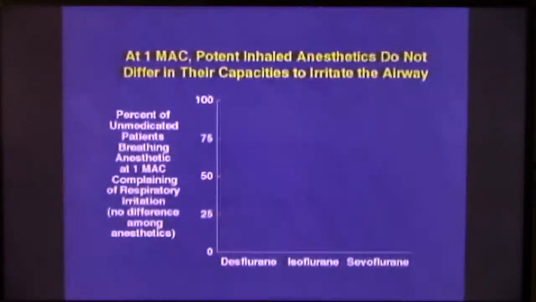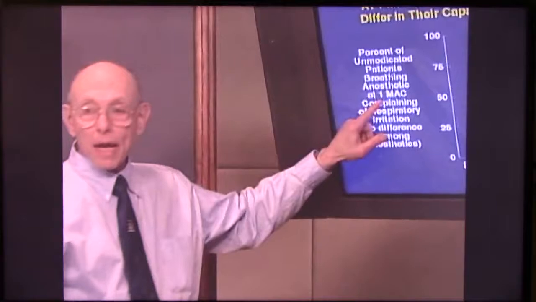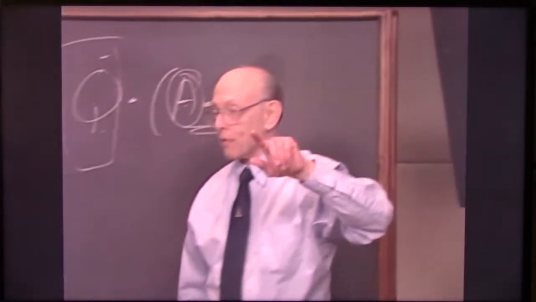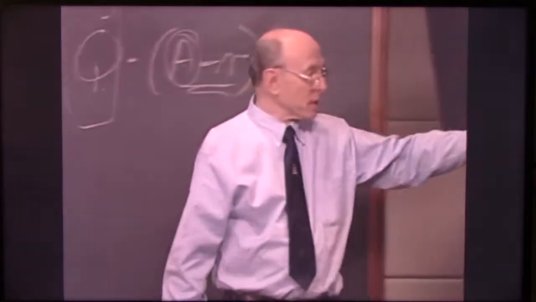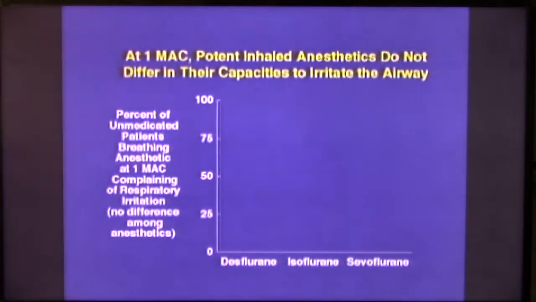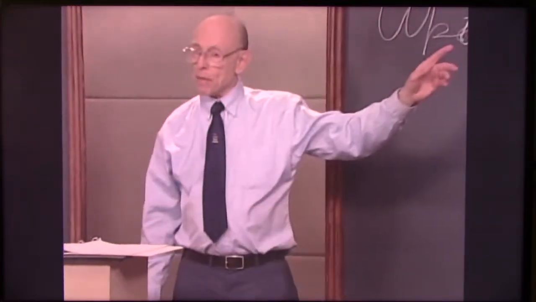Let me show you this graph, though, which made one little change: instead of 2 MAC, 1 MAC. At 1 MAC, the percent of patients complaining of respiratory irritation with desflurane, isoflurane, and sevoflurane is exactly the same. 0. 0. So maybe we could induce anesthesia with desflurane if we keep that in mind.